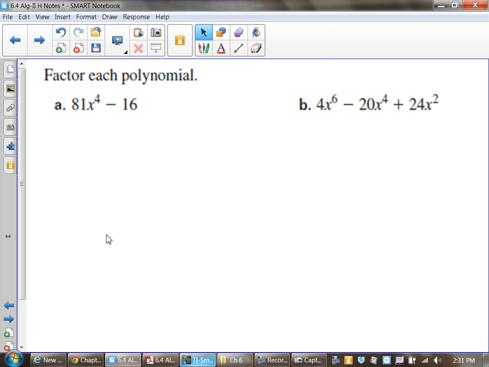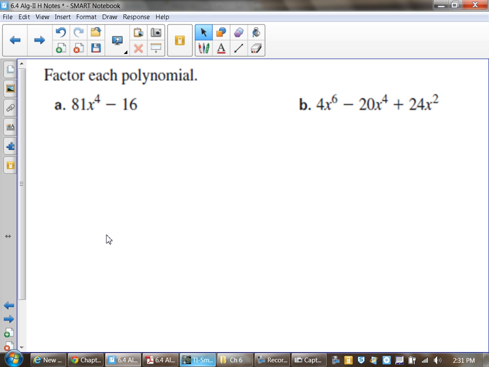81x to the 4th minus 16. Well, it's x to the 4th. Now, hold on. We have 81x to the 4th minus 16. Is 81x to the 4th a perfect square?